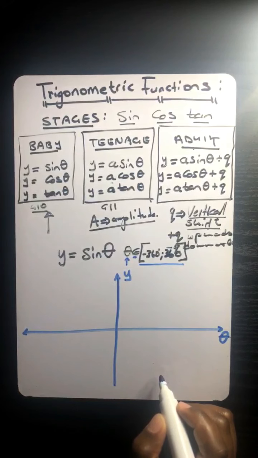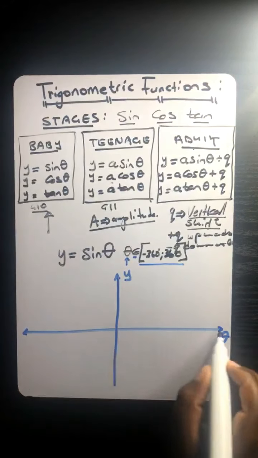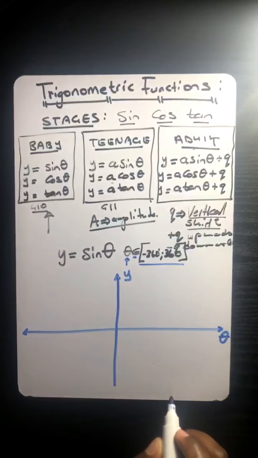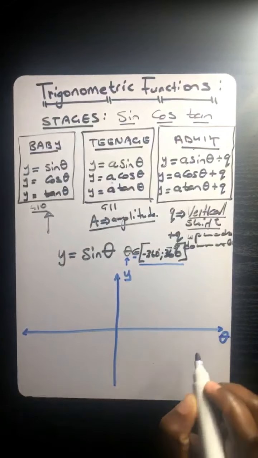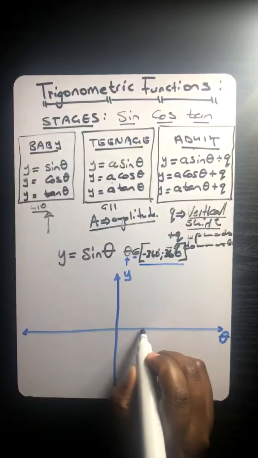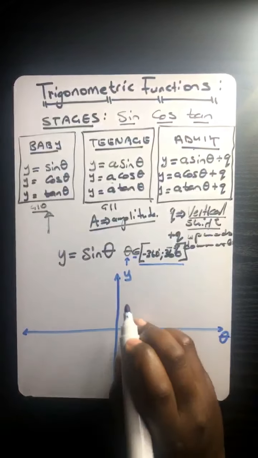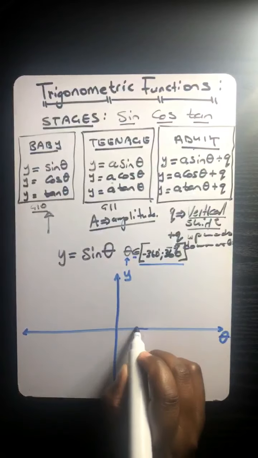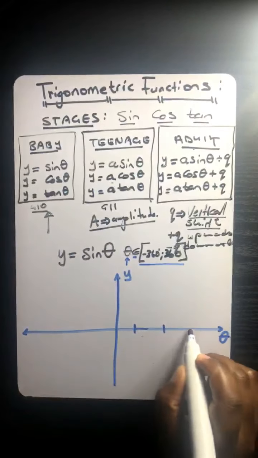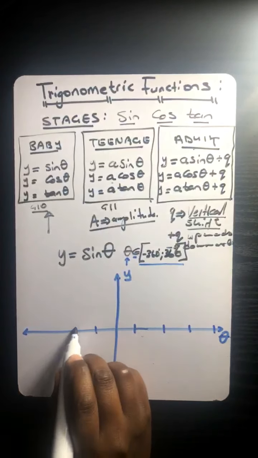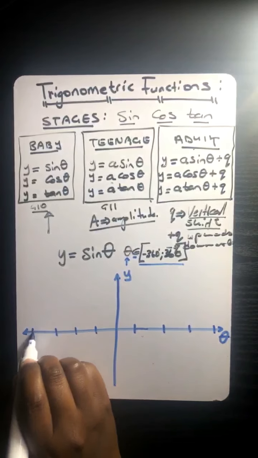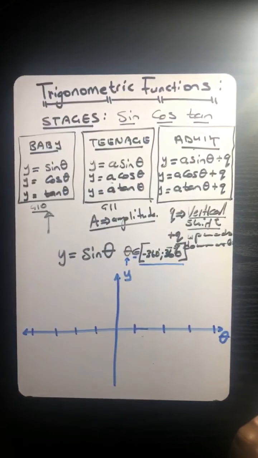So that means you now need to have your critical values. I'm not sure if I should teach you now or at a later stage how you find your critical values. So what are the critical values? The critical values are those values that must appear on your function.